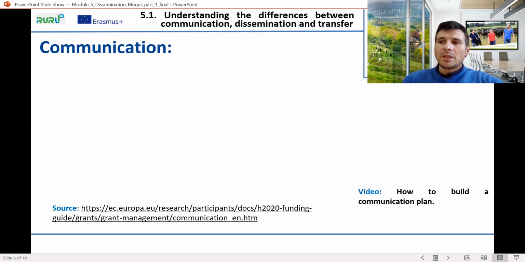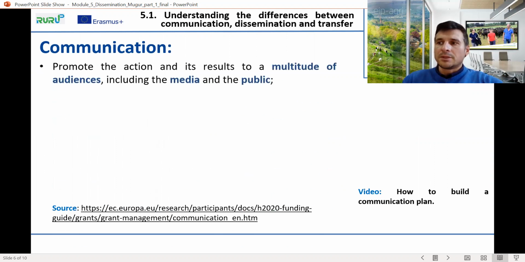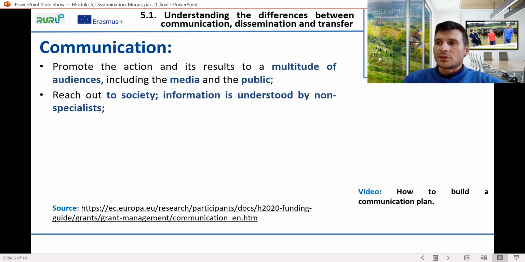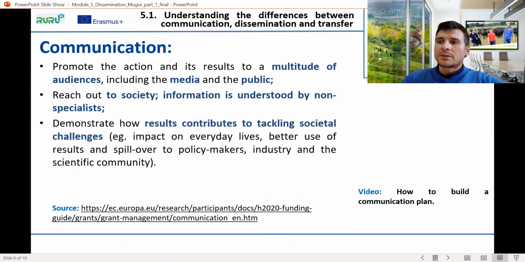Communication activities mainly target the general public. This information should be understood by non-specialists. The main message delivered to non-specialists focuses on how results contribute to improving everyday life or how they can solve important societal challenges.